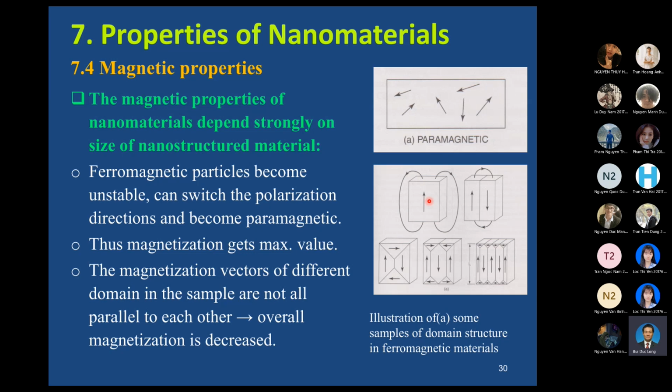In a bulk sample, the domains are not all parallel to each other, and so overall magnetization is decreased. After the midterm break, Dr. Bing will teach you more detail about this property in material.